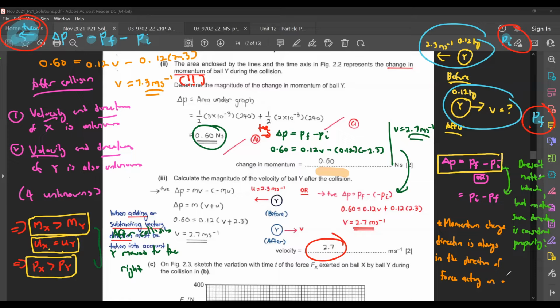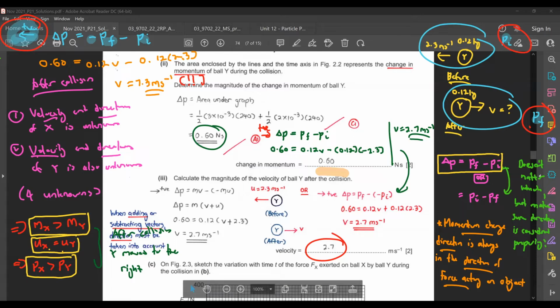Okay, momentum change direction is always in the direction of force acting on the object. This one I actually mentioned before in the notes. Let me just show you what I meant by that.